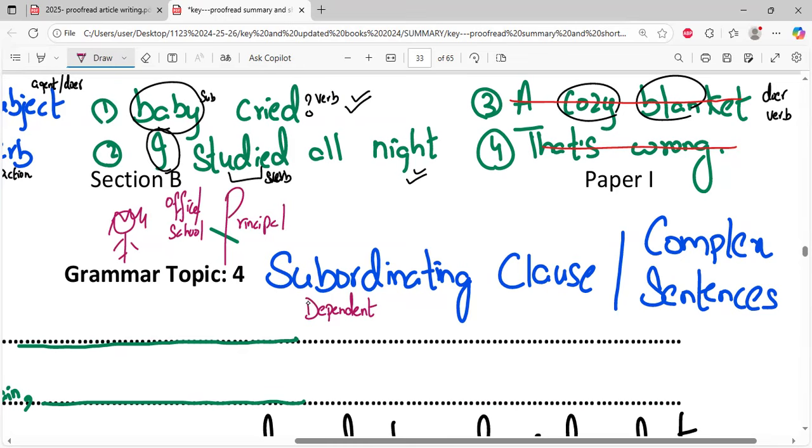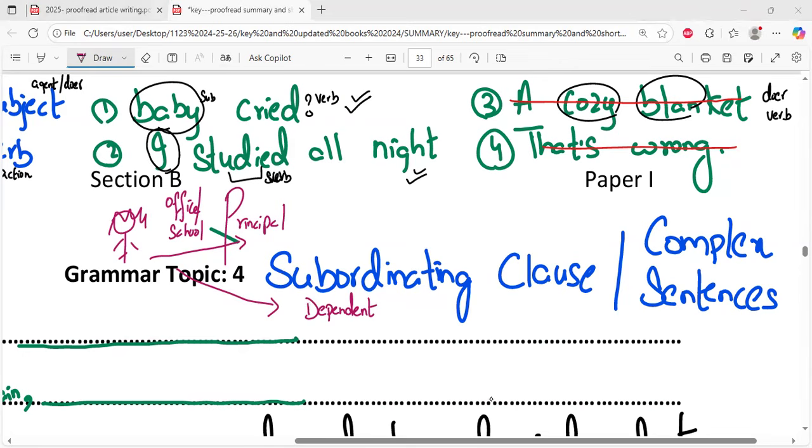So I am dependent in my decisions on the decisions of the principal. Since I am dependent on this person, I am their subordinate because I work under them. I am dependent in my decision on a higher authority. I am dependent on them.